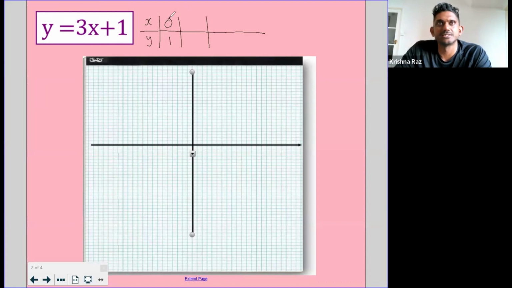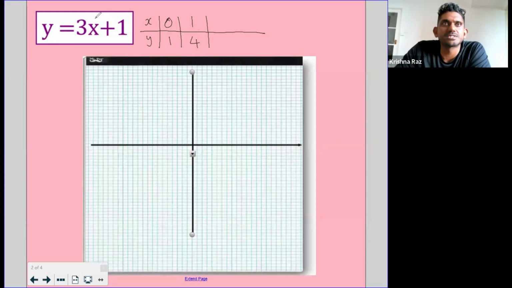Well, the next easiest value is probably x is 1. So when x is 1, y will have a corresponding value. What will that value be? Well, it will be 3 times 1 plus 1, because the equation is 3x plus 1. And 3 times 1 is 3, plus 1 is 4.